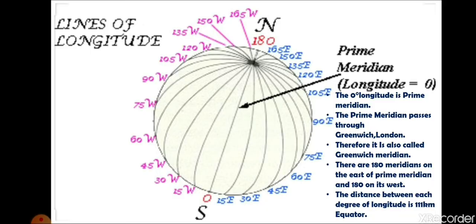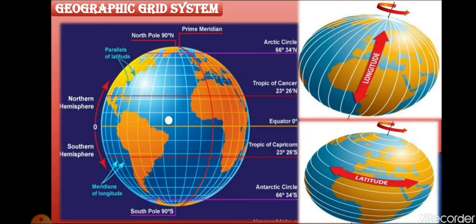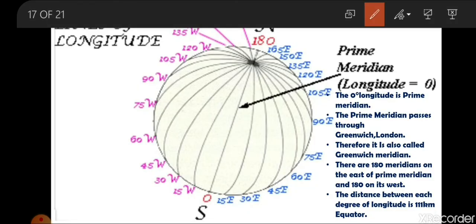Now let's have a look at some more points. Lines of longitude: you can see that this is the 0 degree longitude. From here the lines change, like 15 degree, 30, 45, 60, 75, 90, 105, and to the next side it is 180 degree, the next side of the ball.